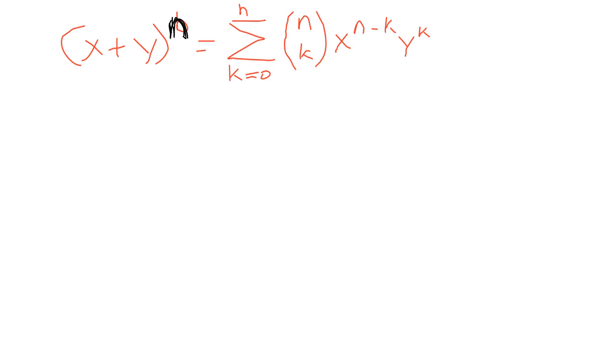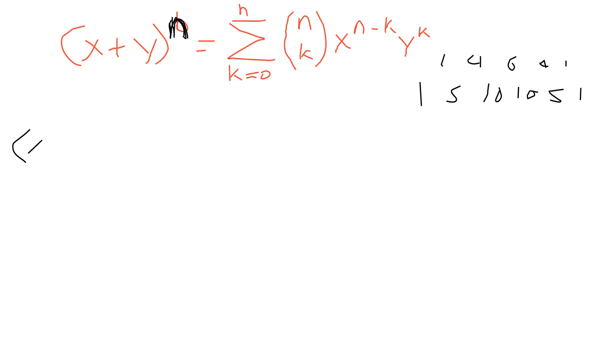So we've seen examples before, like when you have the fifth power, we know it's 1, 5, 10, 10, 5, 1. Right, that's correct.